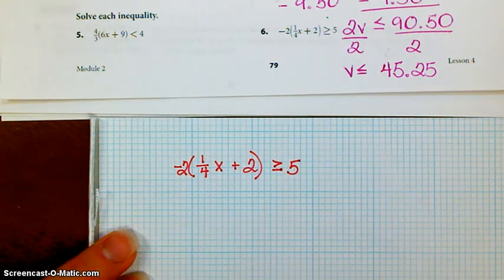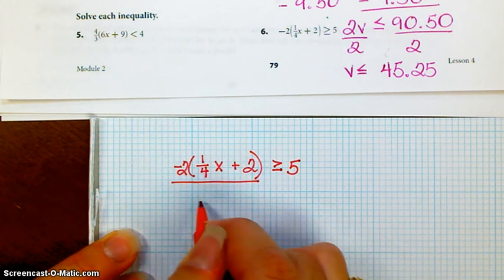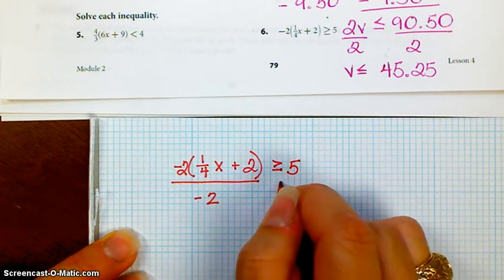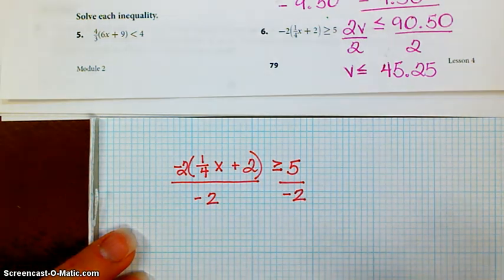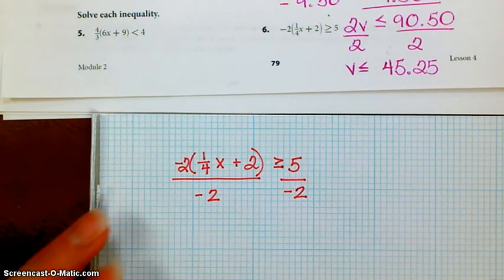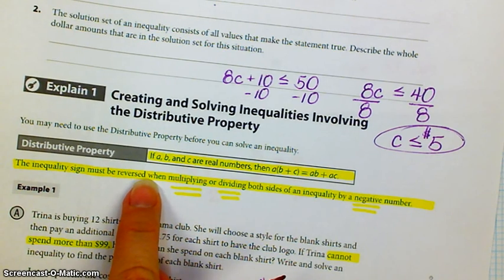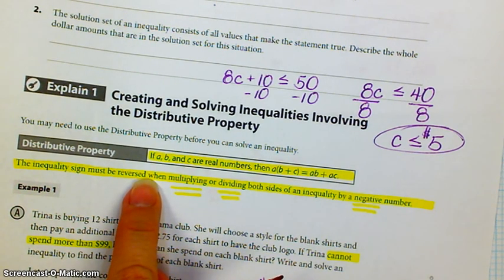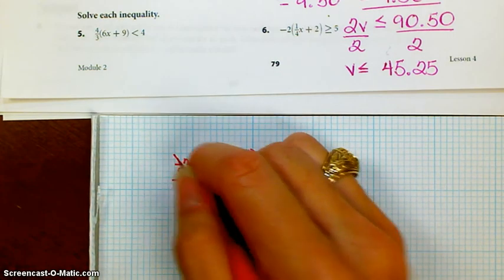Well, the first thing that I'm going to do is divide this entire side by negative 2, and divide this entire side by negative 2. Now remember, at the beginning of the lesson, the inequality sign must be reversed when multiplying or dividing both sides by a negative number. So remember to do that. That gets rid of it over here.